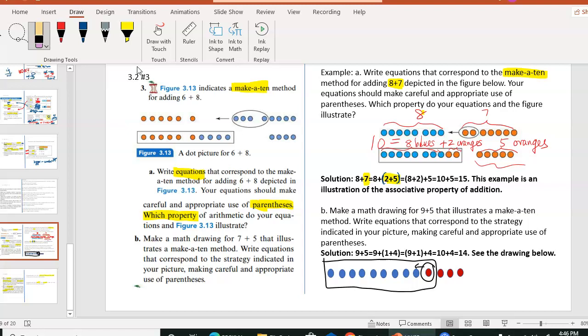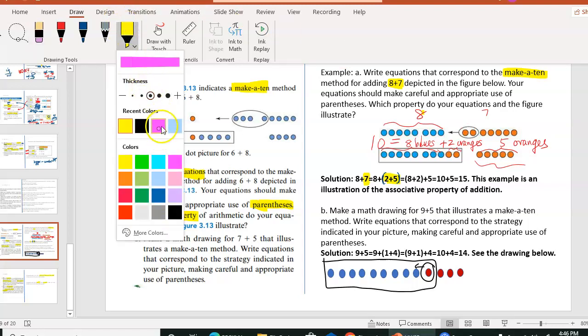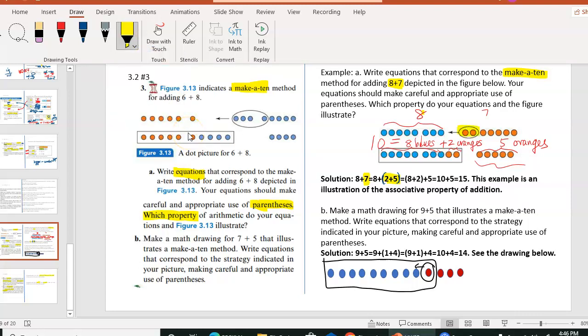So these two orange circles, originally they were together with the other oranges, but now we're going to switch them and put them together with the blue ones. Numerically, in terms of equations, we're just moving the parentheses.